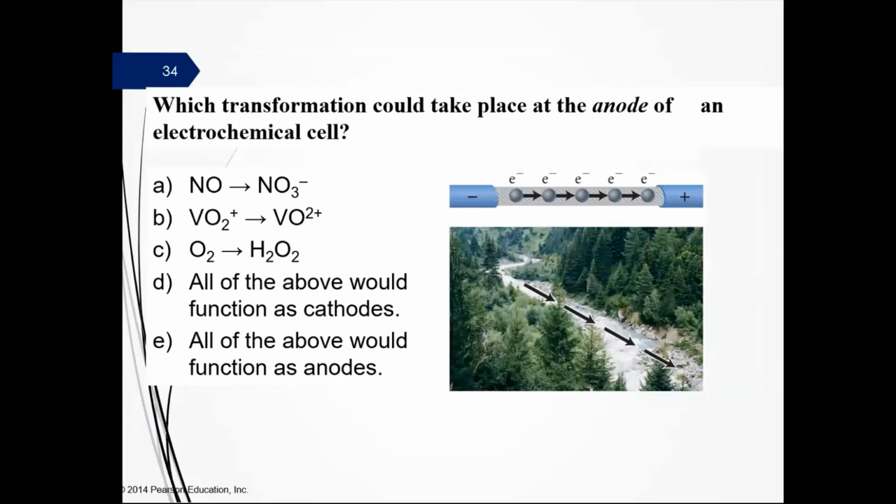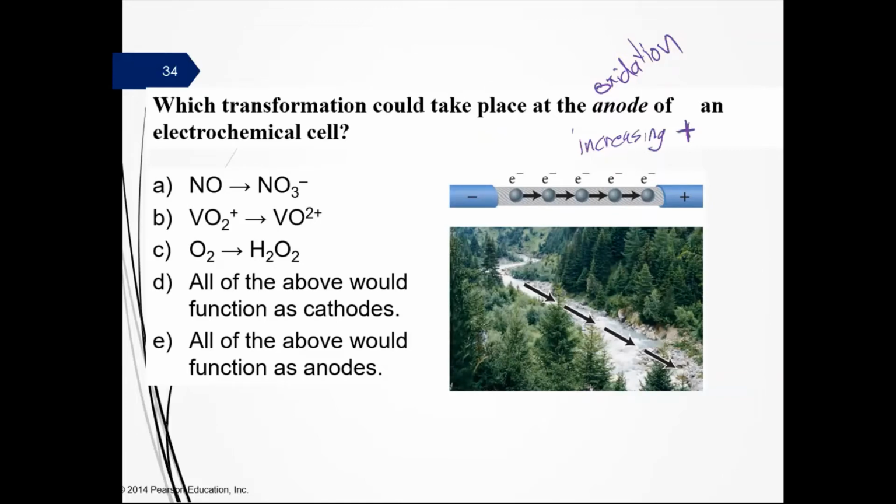So look at these and try to identify which one could take place at the anode of our electrochemical cell. So which one could take place on the anode portion? If we're looking for an anode, we're looking for an oxidation. So if we're looking for an oxidation, we should be increasing our charge.